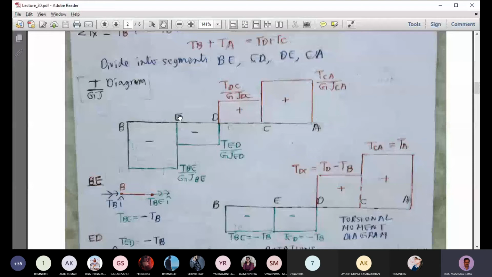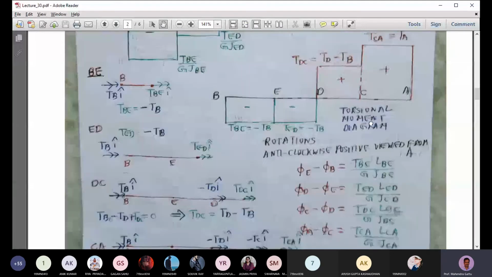So if you want to find the change in the angle of rotation between point B and point A, that means the difference in the angle of twist between the circle at point B and the circle at point E, what we have to do is take the area under the curve. That is what we get from this equation.